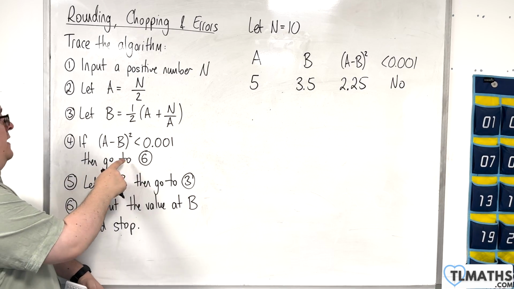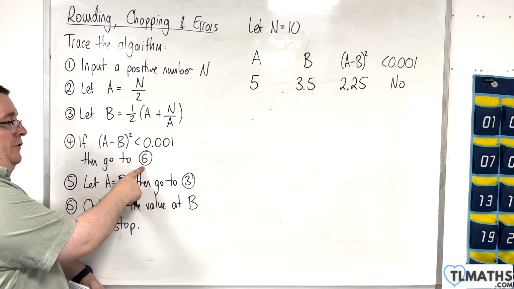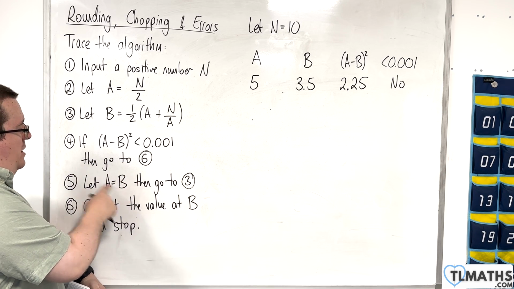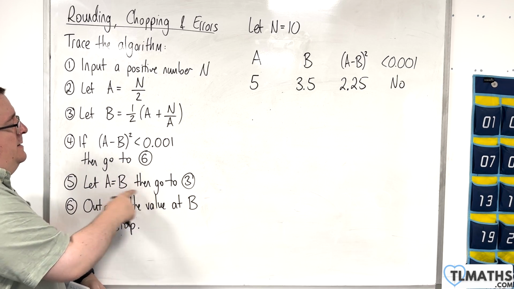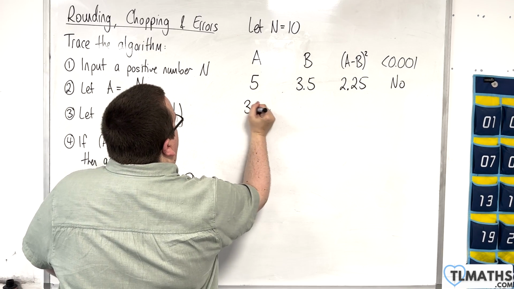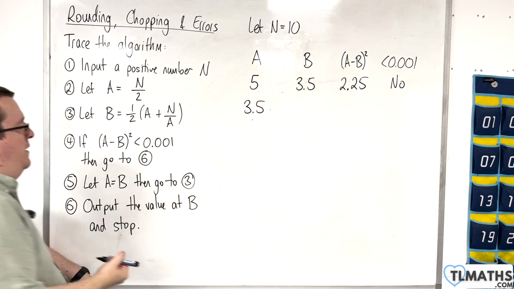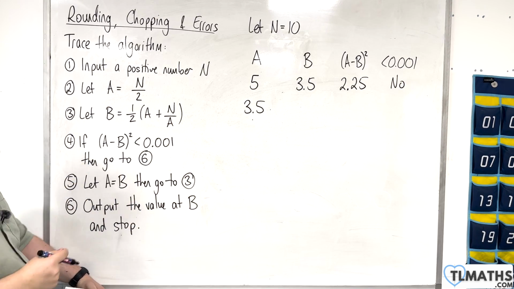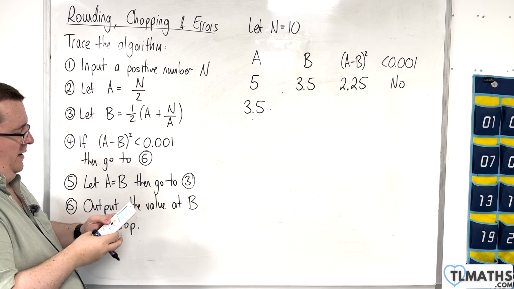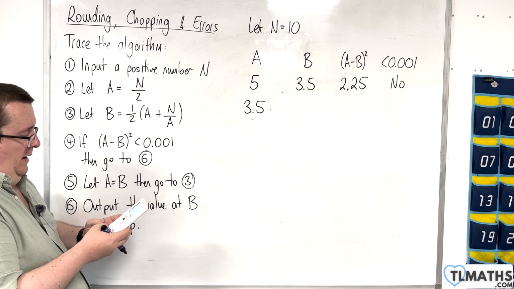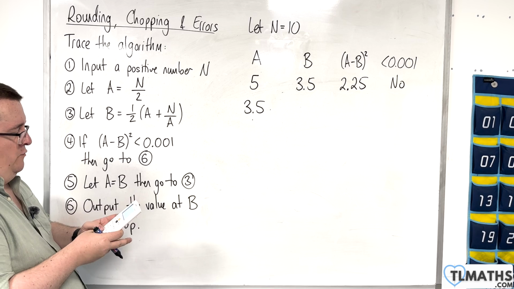Okay, so then, because that hasn't been cleared, we must go to step 5. Let a be equal to b, then go to step 3. So a then takes on the value of b, so a becomes 3.5. And then we're going to go to step 3, which is back to this one. So b is going to be 1/2 of a, which is 3.5 now, plus 10 over 3.5.